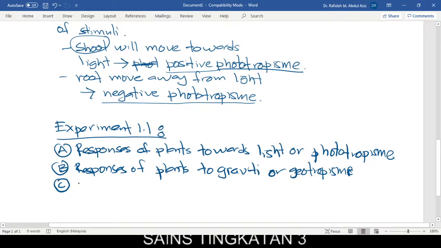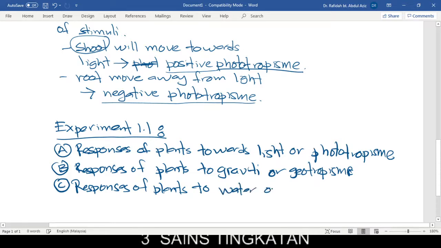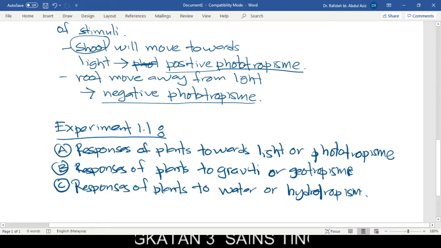And the third activity is responses of plants to water, or we call it hydrotropism. Hydro refers to water. Okay, so these are the three activities in experiment 1.1.